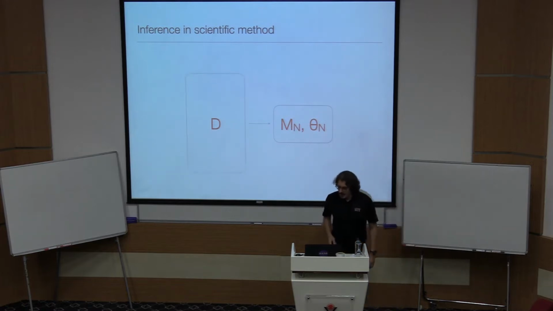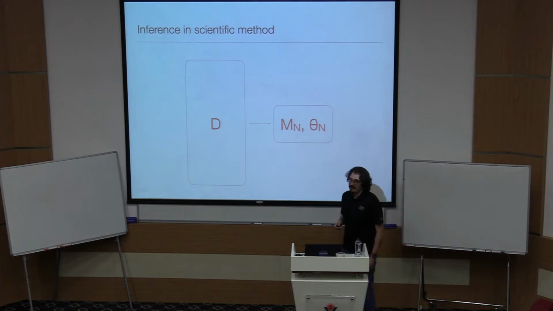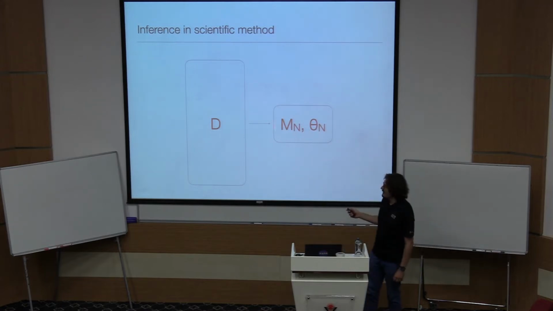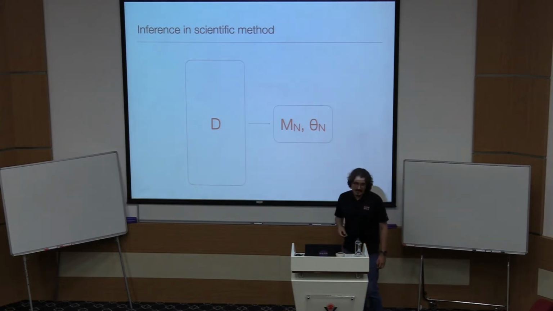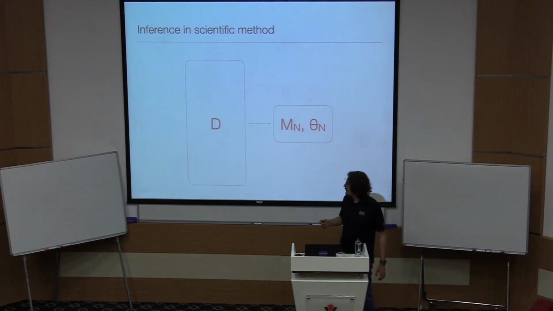In typical applications in science, we start with a really large data vector or tensor. It can be n-dimensional. If you are working with an astronomical image, it's probably 2-dimensional. If you are working, let's say, with an N-body simulation, it can be 3-dimensional. I don't know, if you are working with a light curve, it's 1-dimensional.